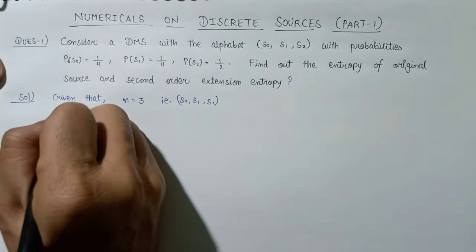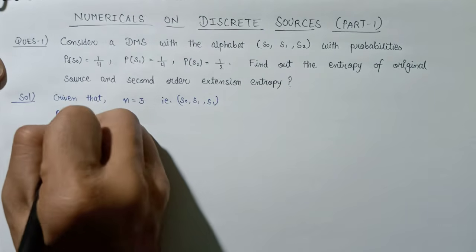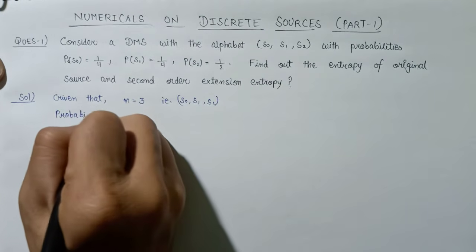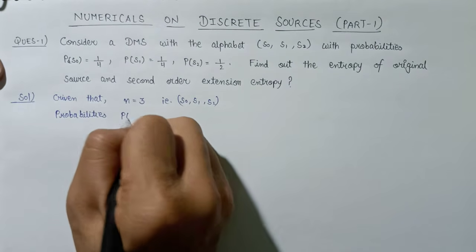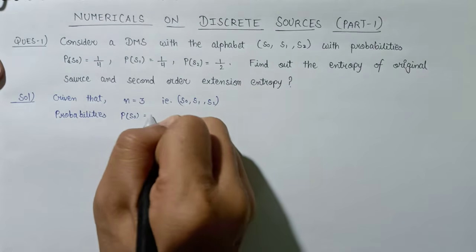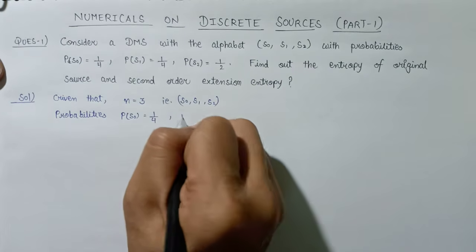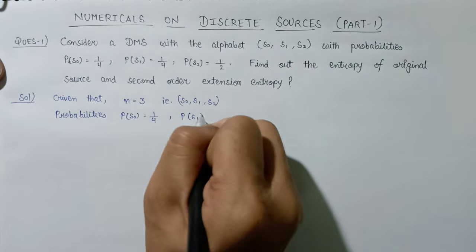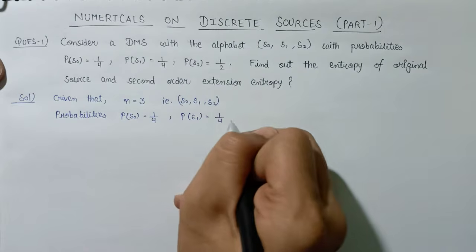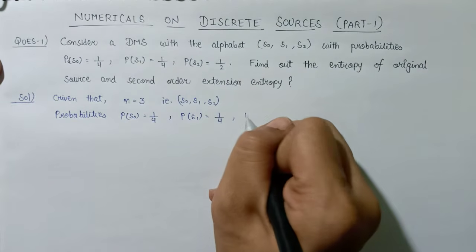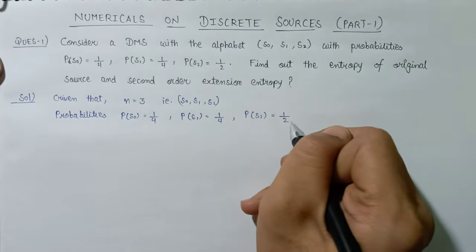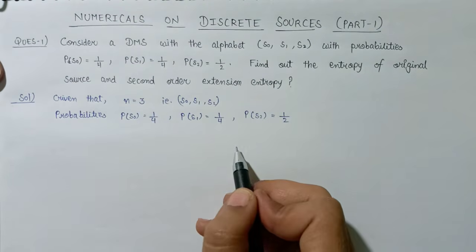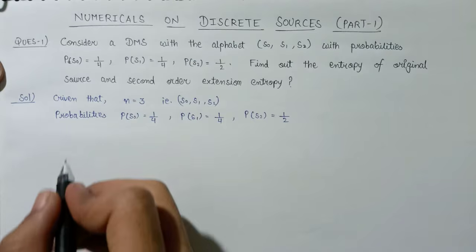Now these have the probabilities denoted as P of S0 equals 1 by 4, P of S1 equals 1 by 4 and P of S2 equals 1 by 2. So this is the data that is given to us in the question.